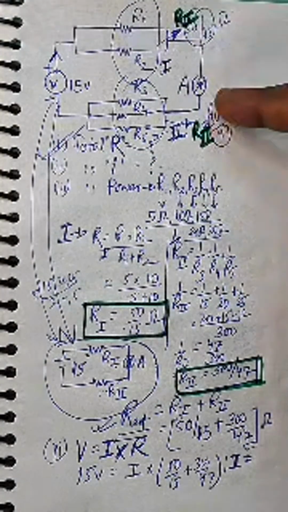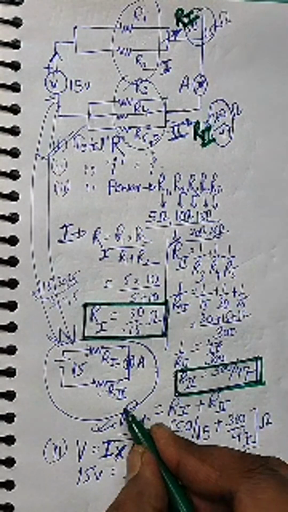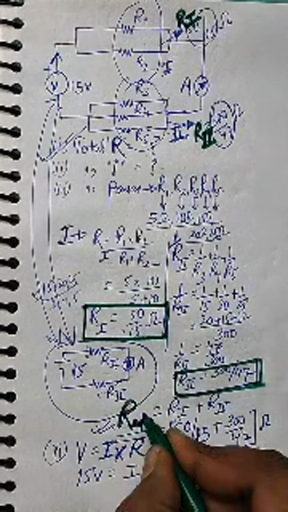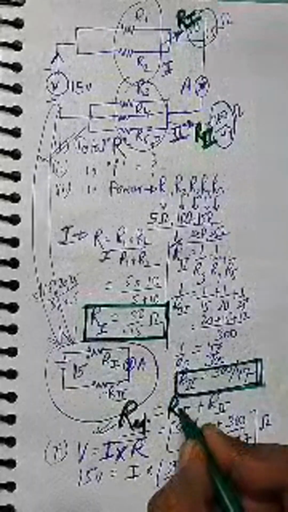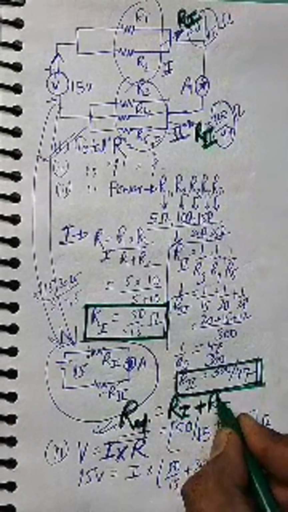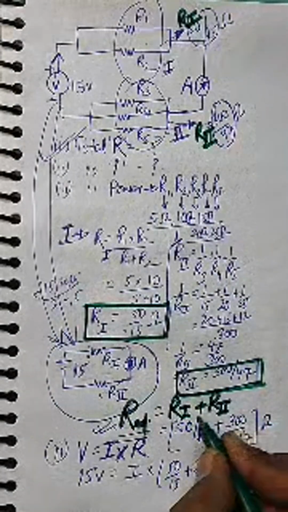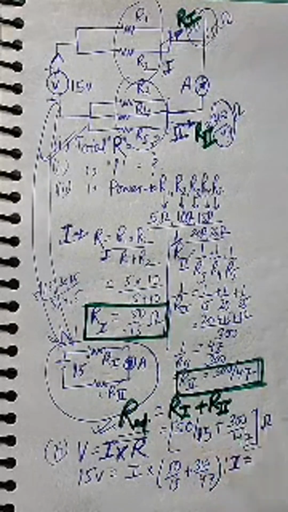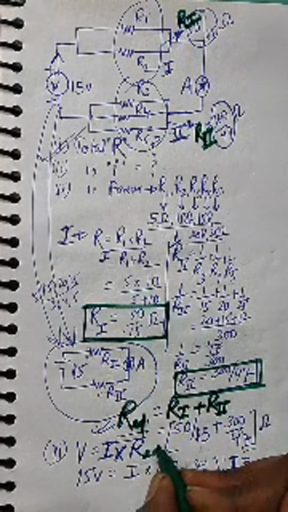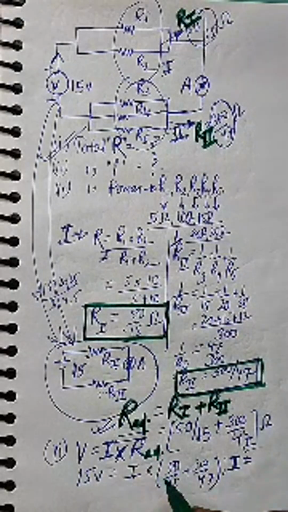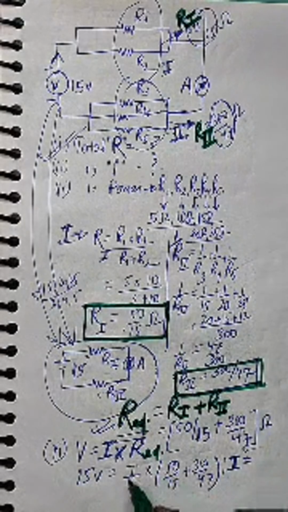And when we add it, we will get the equivalent resistance here. R equivalent equal to R1 plus R2. These are Roman 1 and 2. I should have used A and B instead. Okay. So when we add it, we get the R equivalent. And when we put the R equivalent into Ohm's law, we will get the current, right?